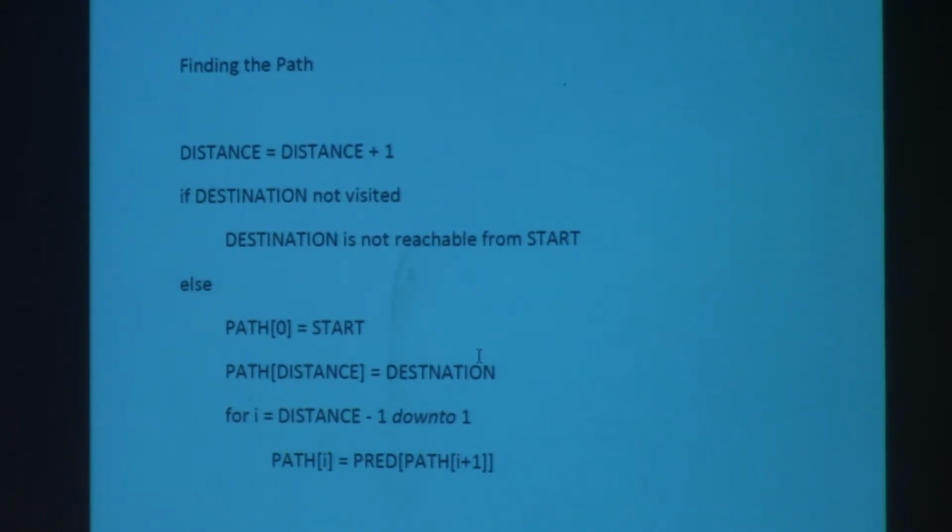So when I visit a W, the value of that W will be distance plus 1. Suppose that W is actually the destination. Then the destination, let's call it J again, will have a value of distance plus 1 in its DIST vector entry.